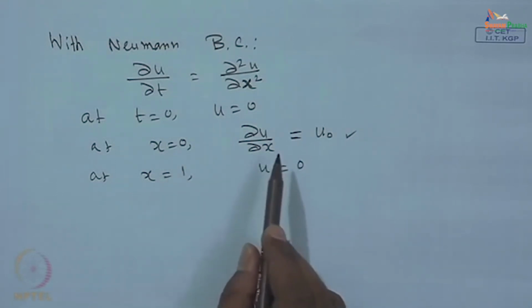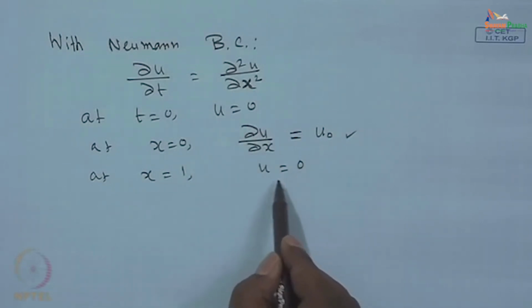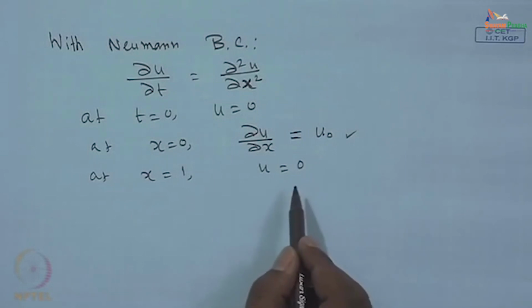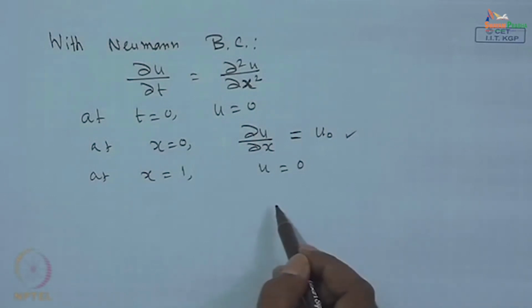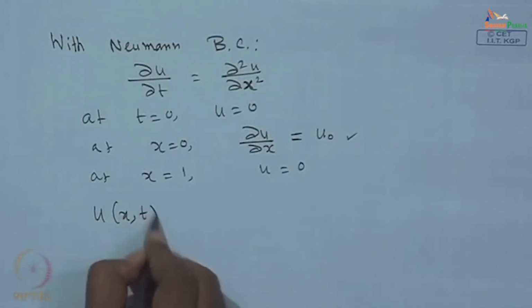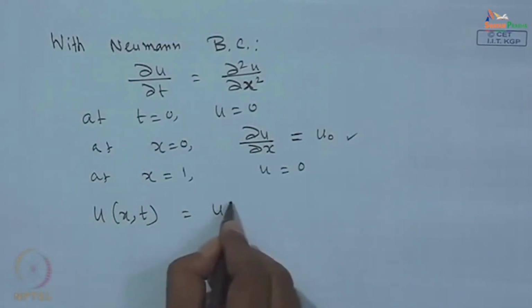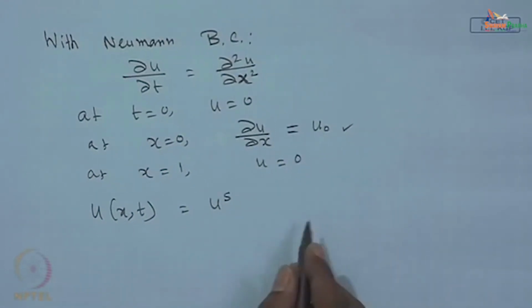So, this has a homogeneous initial condition and a non-homogeneous boundary condition, and the other boundary condition is homogeneous. So, this problem again should be divided into two sub problems. One is taking the time dependent part, another is the time independent part. If you do that, u x t is composed of u s, we put the subscript s and t as a superscript.